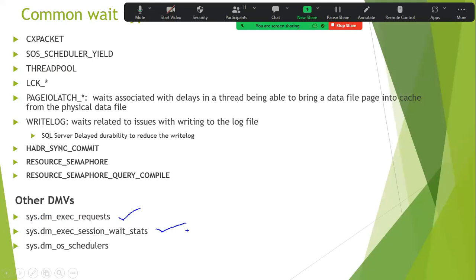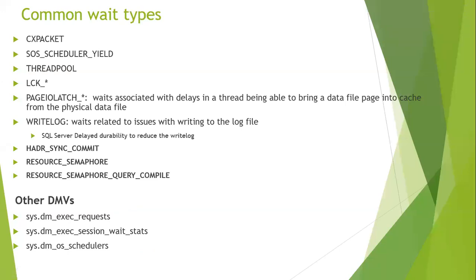Earlier we had sys.dm_os_wait_stats, which is the entire instance level. If you want to identify individual session wait stats, you can use sys.dm_exec_session_wait_stats. We already discussed sys.dm_os_schedulers, which shows the individual schedulers. These are all the common wait types that we have.